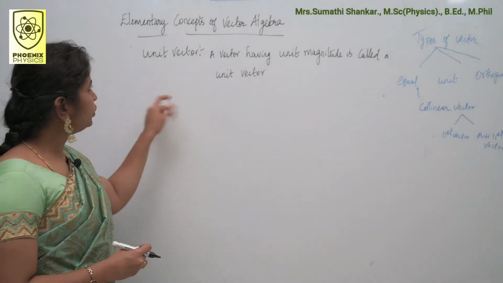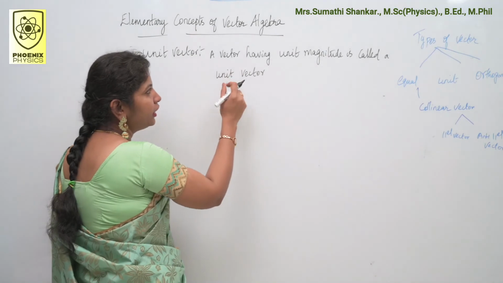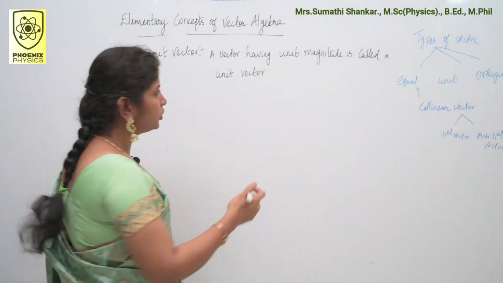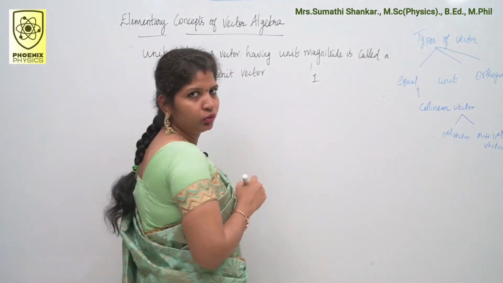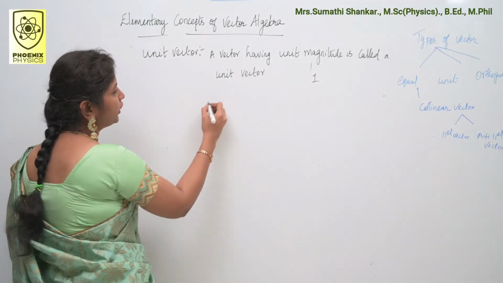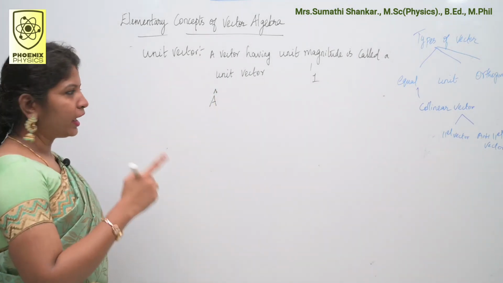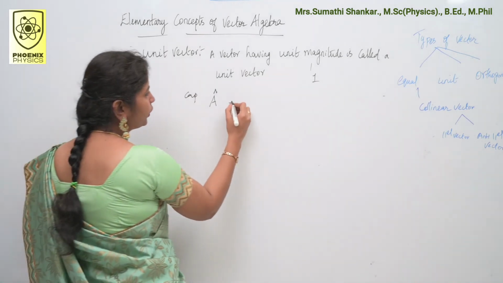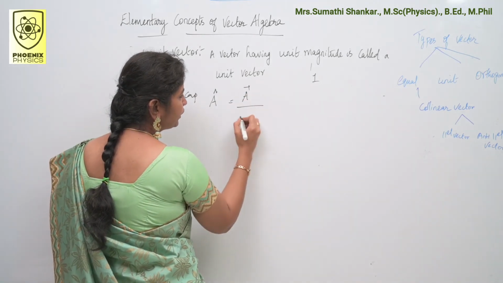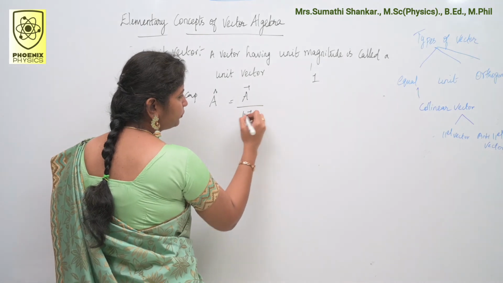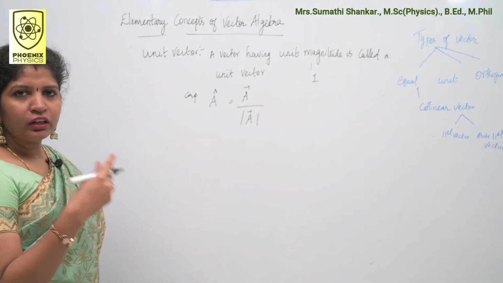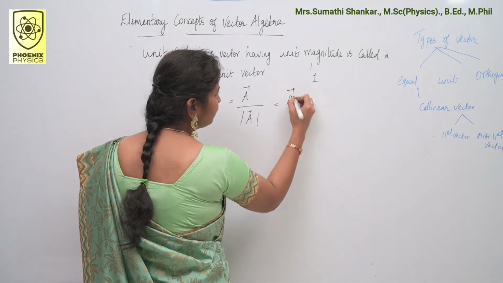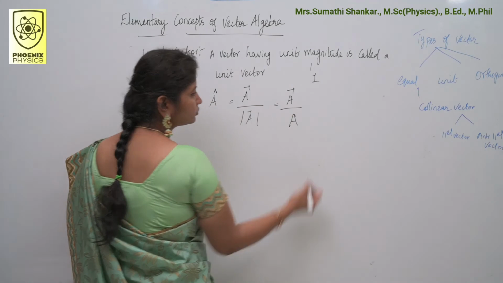Next one is unit vector. A vector having unit magnitude is called a unit vector. Unit magnitude means nothing but value 1. Okay. So this unit vector can be denoted as A cap. The symbol is cap. So A cap is equal to A vector divided by magnitude A. Just now we derived how to calculate magnitude, or we can write it as A vector divided by A. Okay.